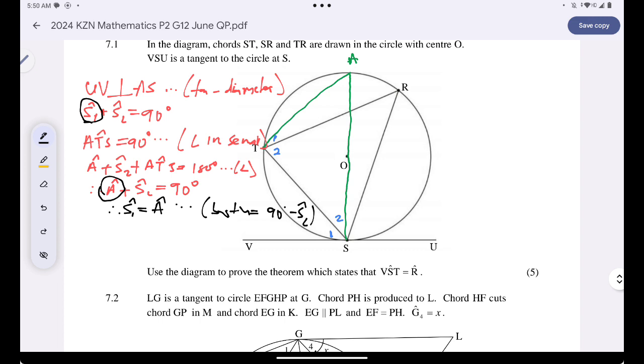Are you together? However, angle A is equal to angle R. Angles in the same segment. Excuse me, I indicated S1 and A that they are equal.